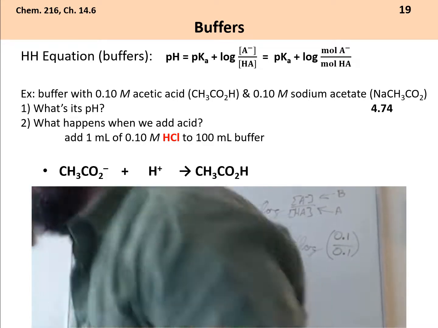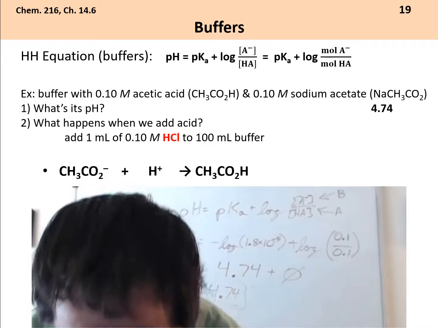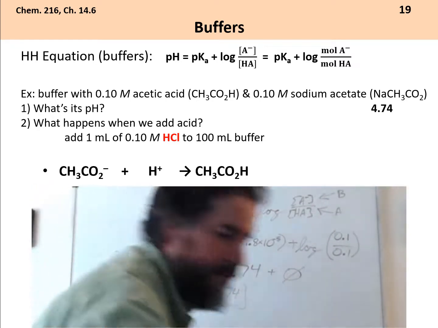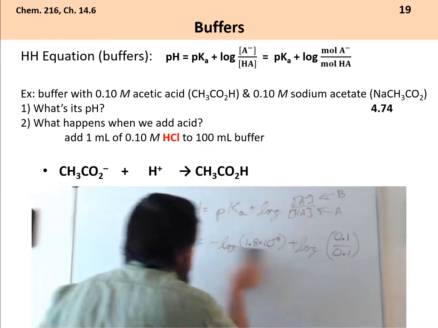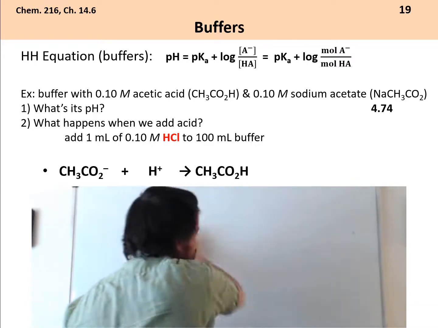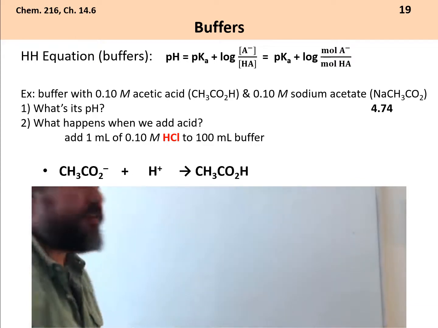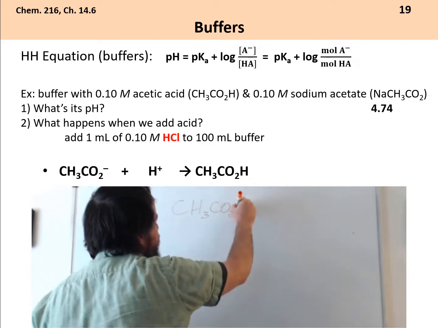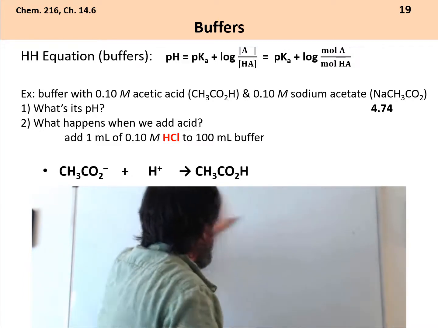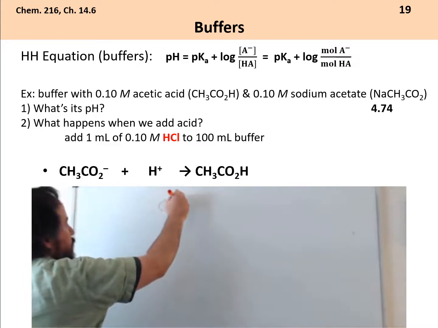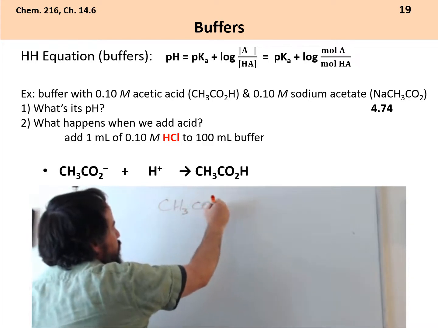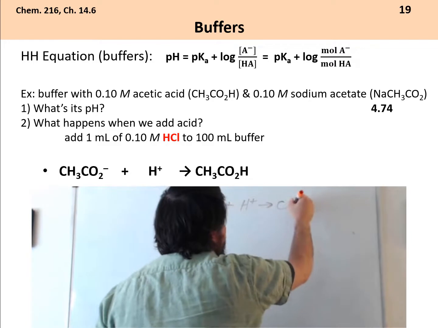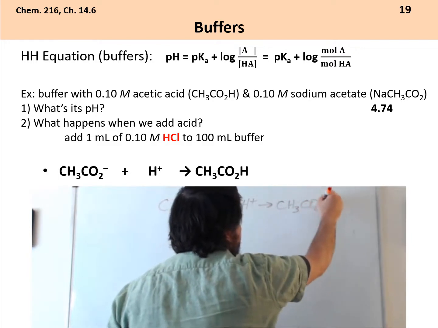I'm going to do this on the board. So I have CH3CO2 minus plus H plus going to CH3CO2H.